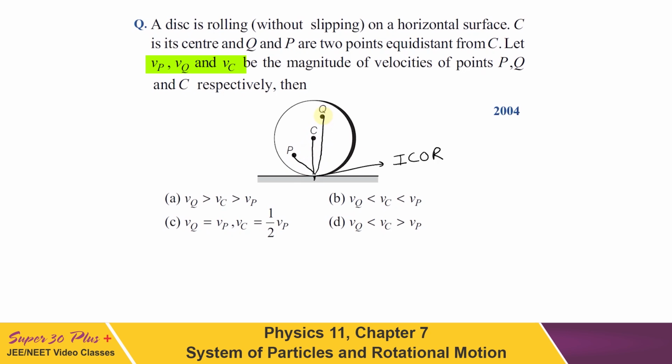So RP less than RC less than RQ. And as omega has to be the same for the whole body, we can write the same result for velocities as well. So VP less than VC less than VQ, which is our option number 1. Where VQ is greater than VC, that in turn is greater than VP.